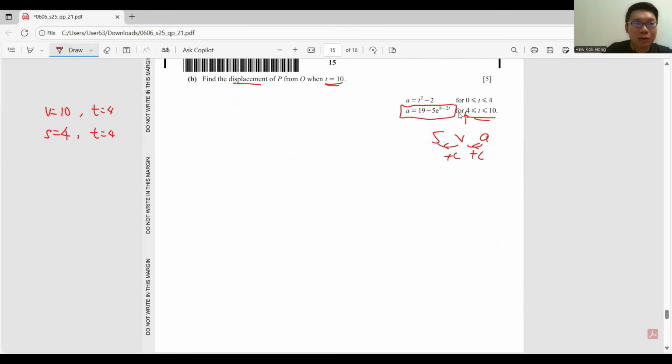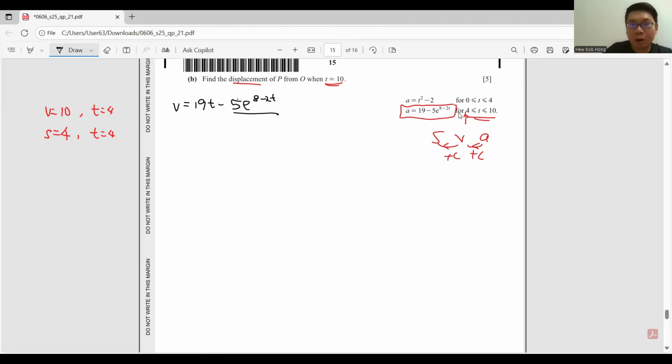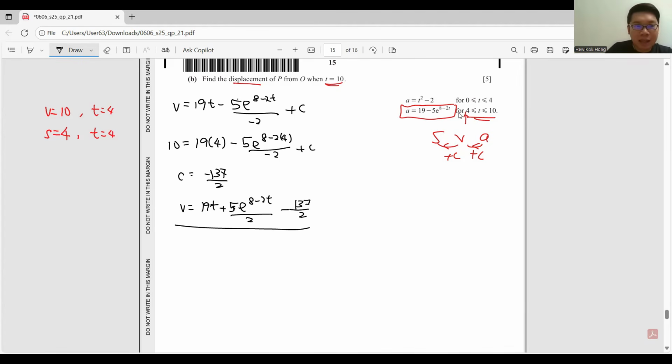Then again, we do integration. We copy everything and then differentiate the power and divide. So v is 10 when t is 4. Key in calculator, you get -137 over 2. Then we can find s.